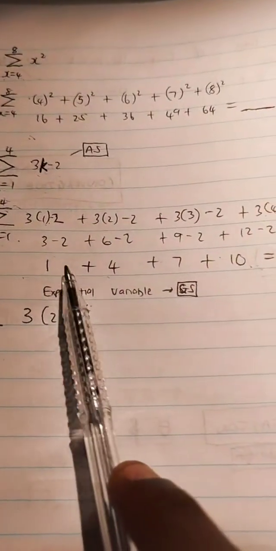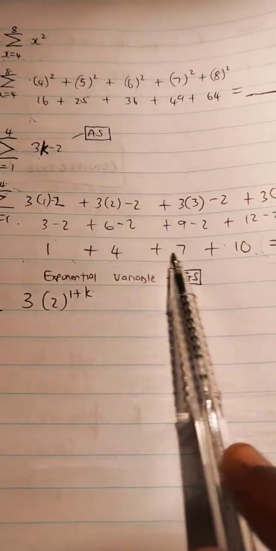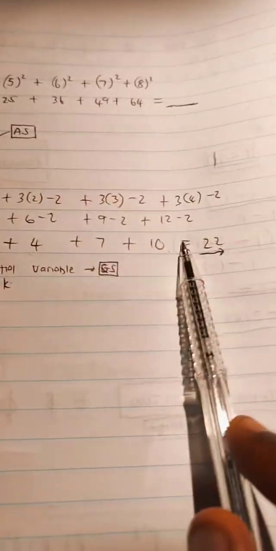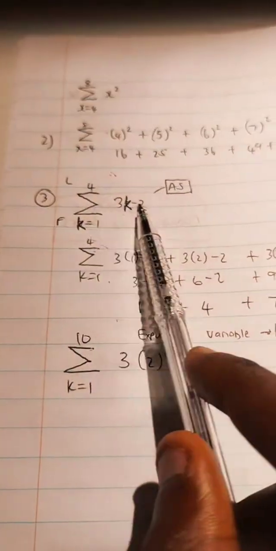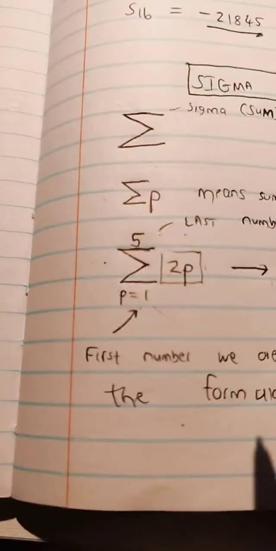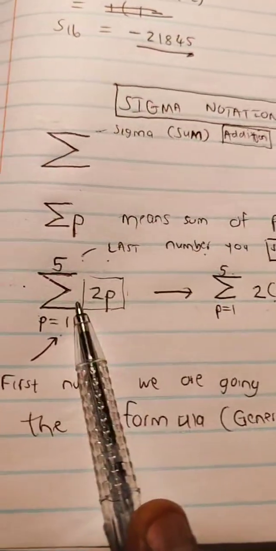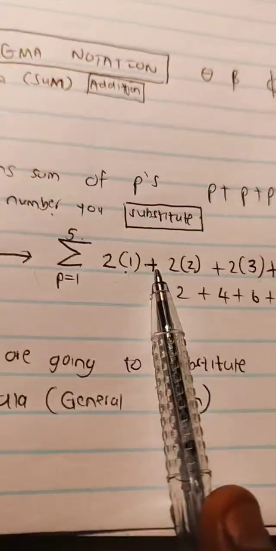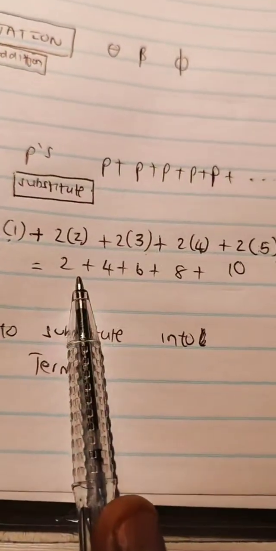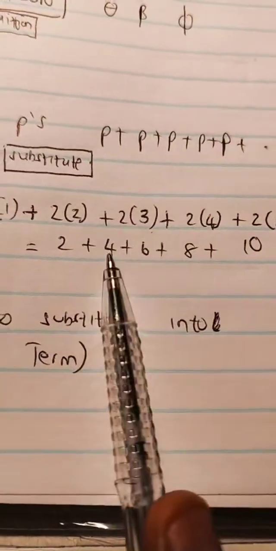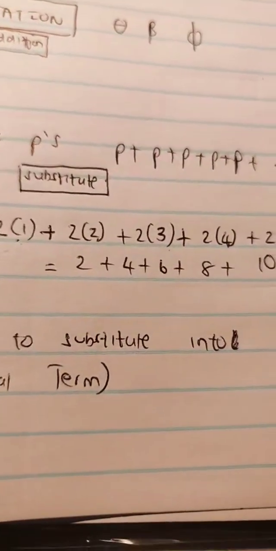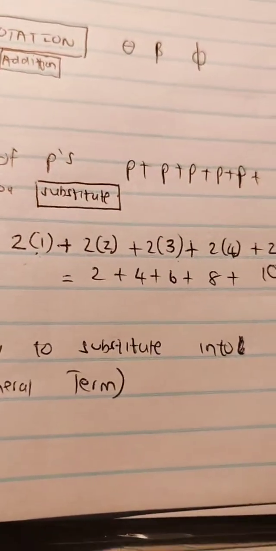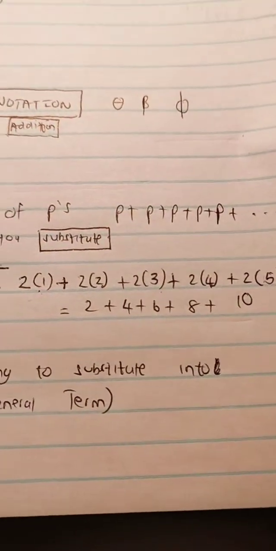And guys, you can see it. 1 plus 4 plus 7. There's a constant difference here. You can see this is really speaking arithmetic. And look at this one. 2p. This is also speaking arithmetic. Look at it. 2, 4, 6, 8, 10. We have a constant difference of 2. You see? I hope you understand what I mean here.